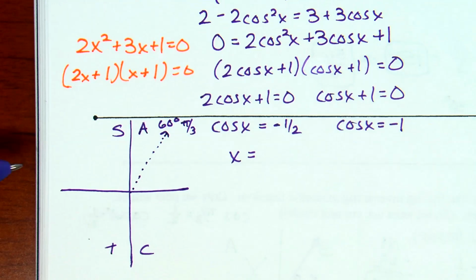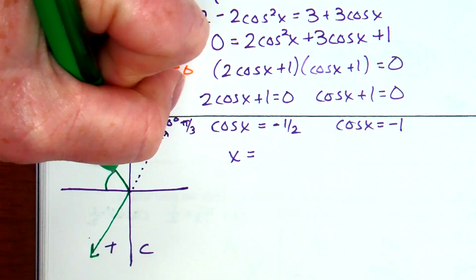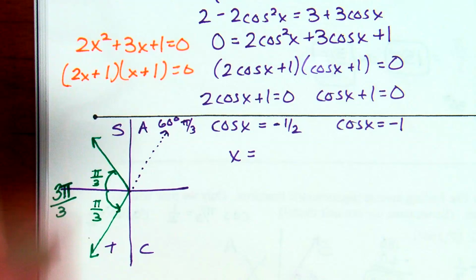So that means we're going to go up pi over 3 and down pi over 3. And that means you're going up and down pi over 3 from pi, which is the even better angle of 3 pi over 3. 2 pi over 3 and 4 pi over 3.